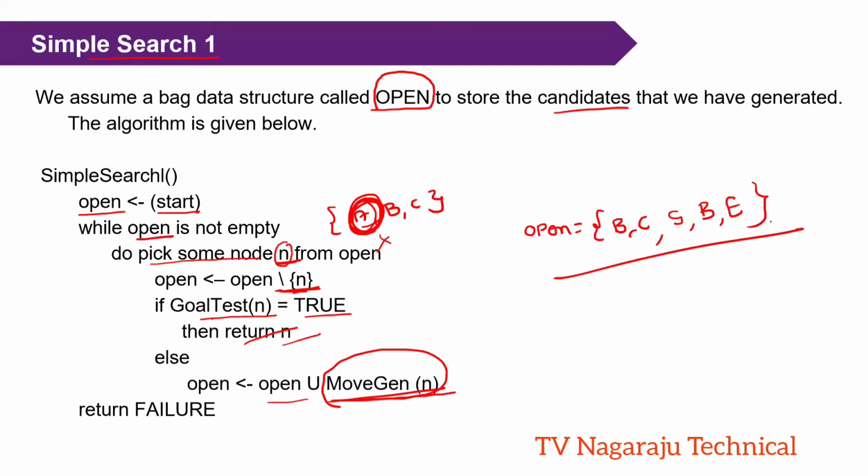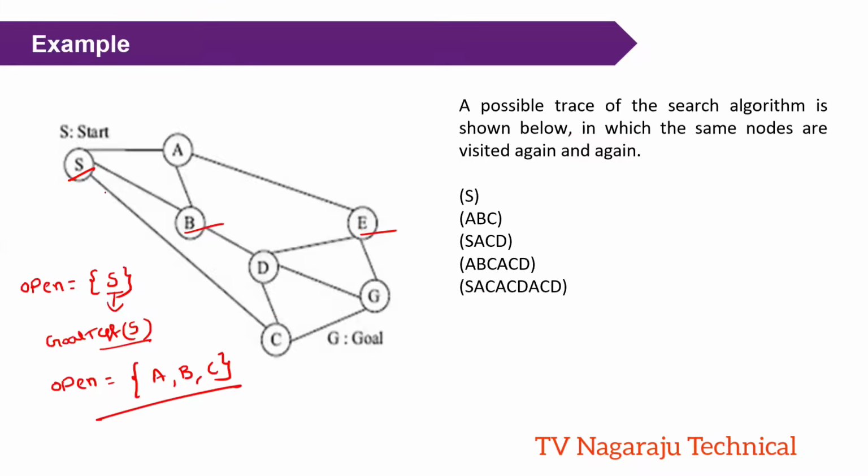If you observe carefully, what is the problem in this approach? S is already visited, that is, S is already tested, but we are placing S one more time, because S is also a successor of A. If we expand S, we get A, B, C, and if we expand A, we get S again.